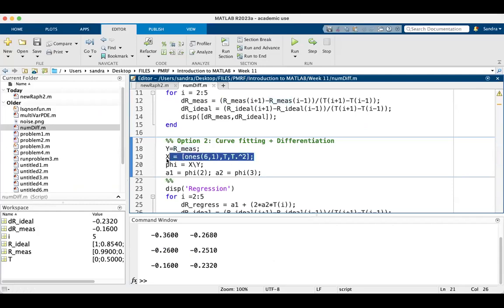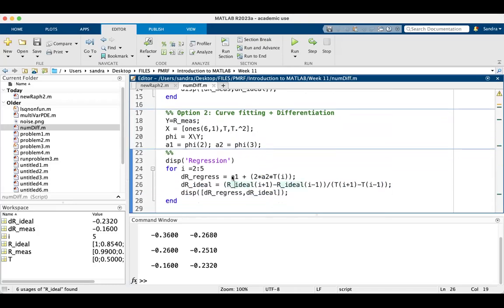So first let me create the x matrix, that is ones, t and t square. Y is nothing but my r measured value. My phi value is the inverse of x multiplied by y. So my phi 1 is a0, phi 2 is a1, phi 3 is a2. Now this is the function that I have.